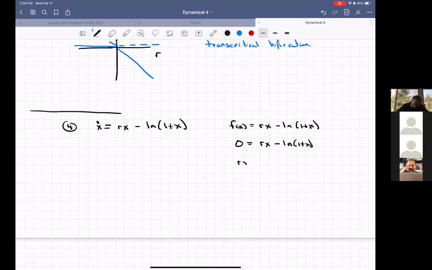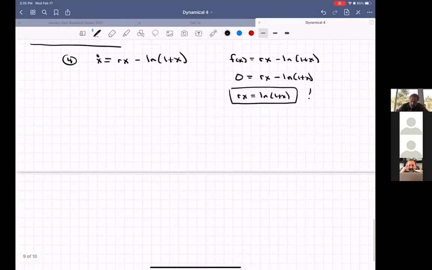So that means that Rx is equal to ln of 1 plus x. And now I get to this point and I go, okay, I can't do anything else algebraically with that. There's nothing I can do algebraically to solve that equation. So what I'm going to do instead is plot both sides.